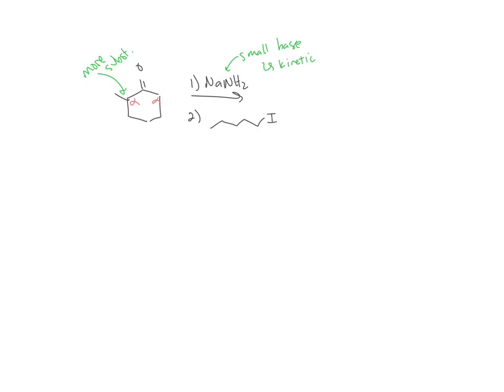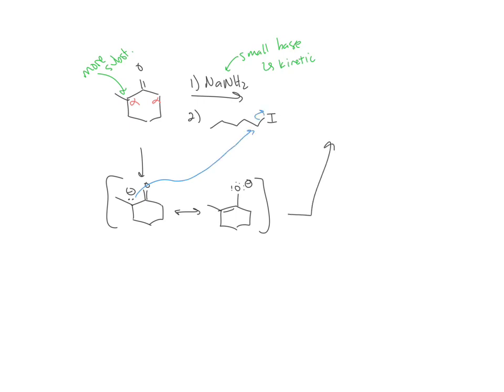So it's going to end up stabilizing with the thermodynamic enolate. And then, like we said, in the second step here, this is just going to do your SN2 reaction to give us our product.